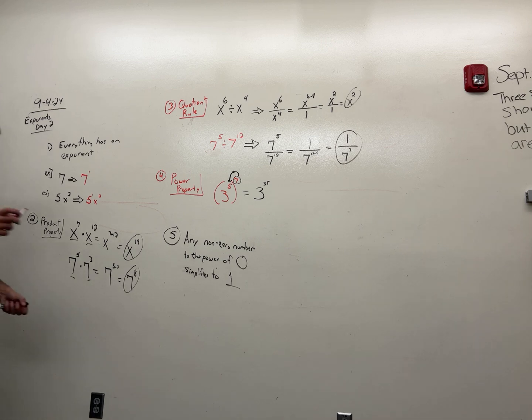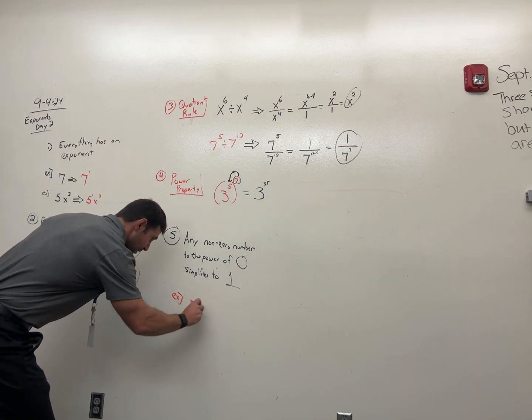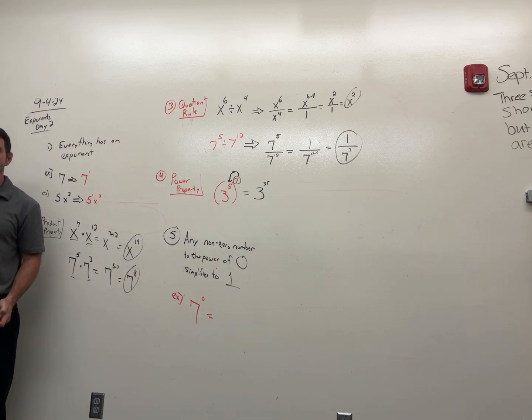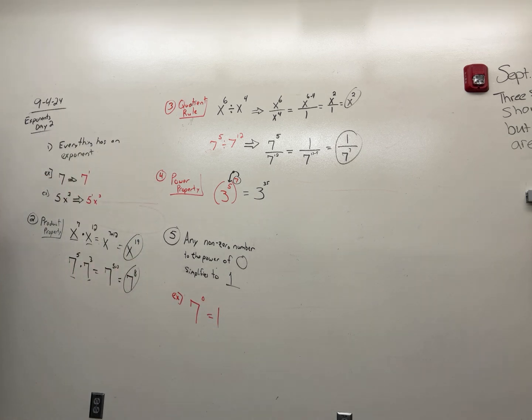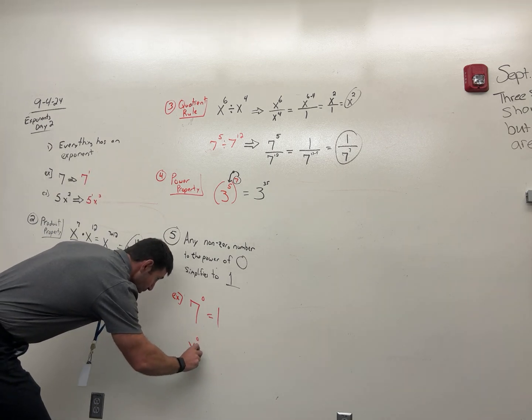Mr. H, what do you mean? Okay, you ready? Watch this. 7 to the 0 power. Is 7 a non-zero number? Yeah, it's 7. So immediately, what's 7 to the 0 power? 1. That's it. What if we have x to the 0 power?